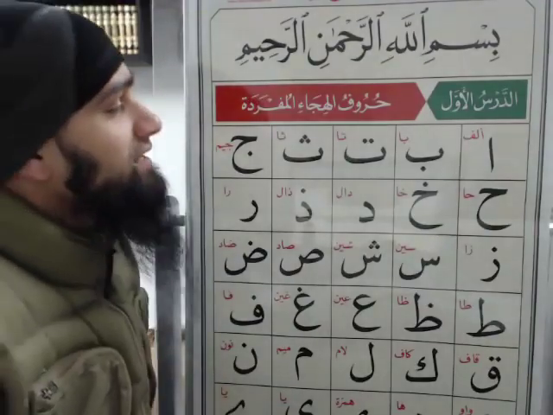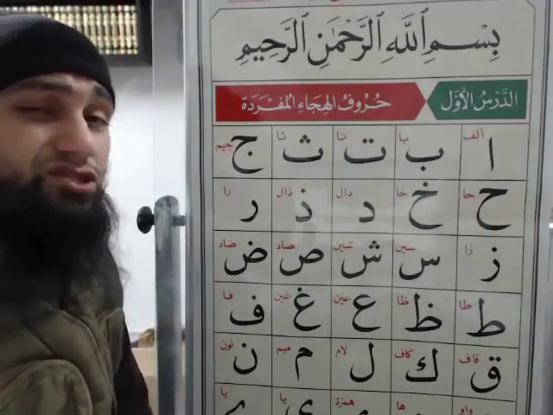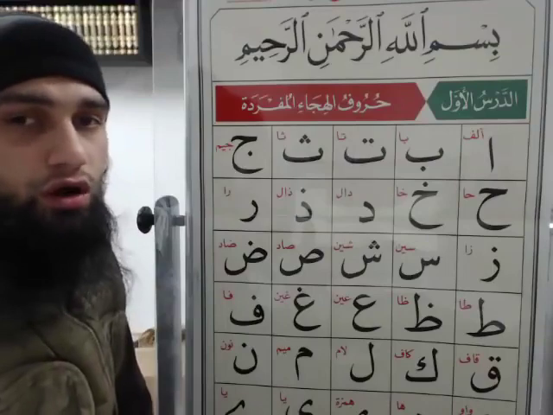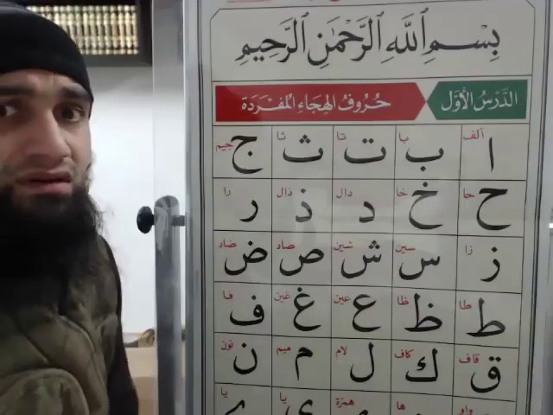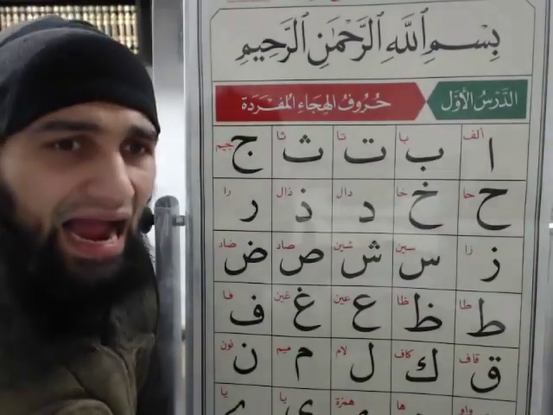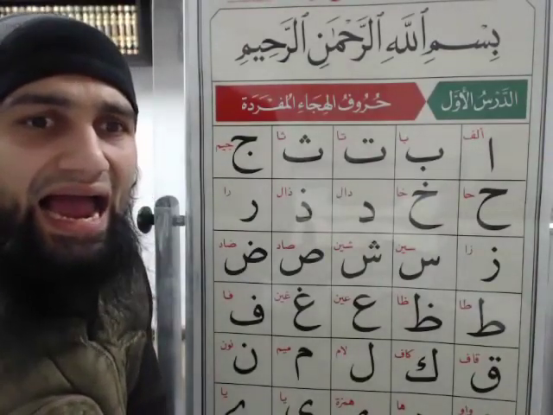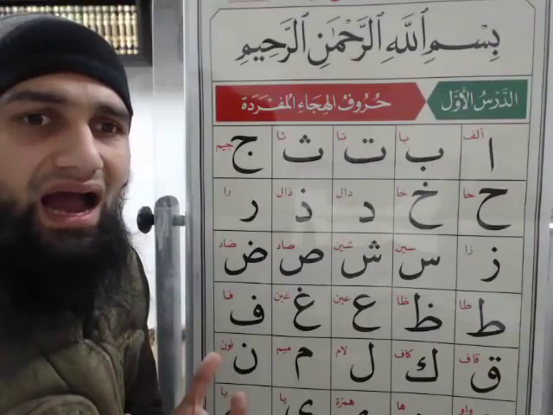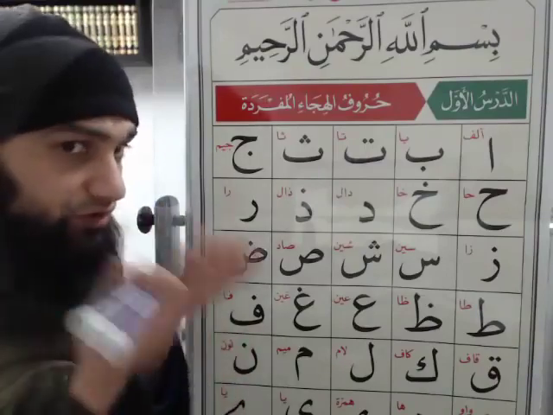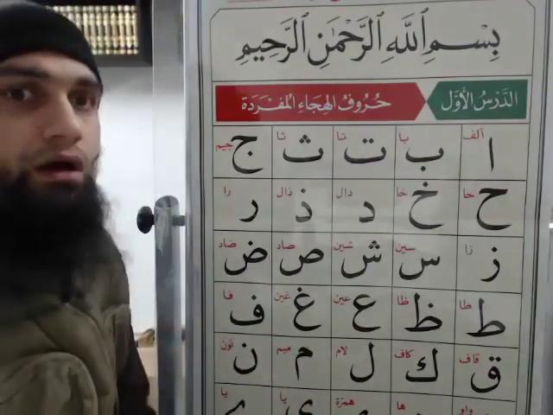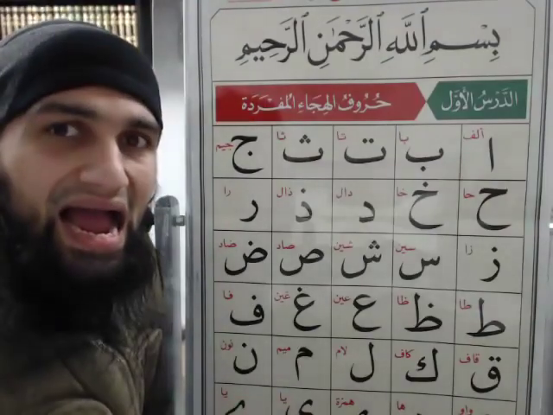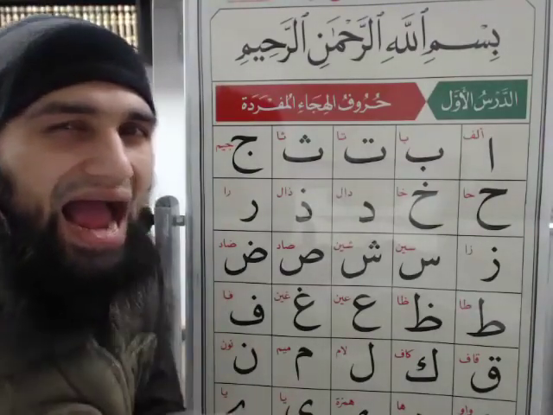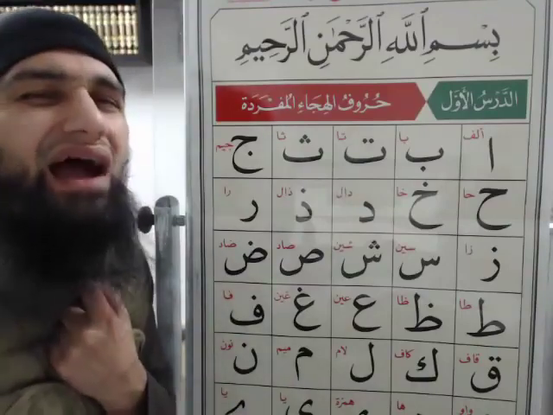Now this letter is a strong letter, so the sound has to be strong. Make it long because of the alif, like this. You see that sound? You have to actually process the wind before it comes out of your mouth. You feel it in the middle of your throat.